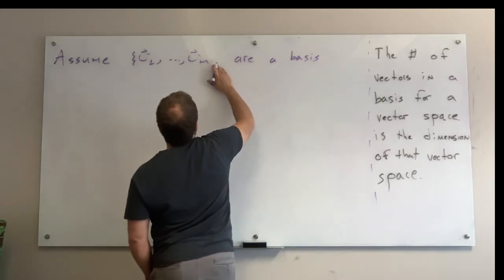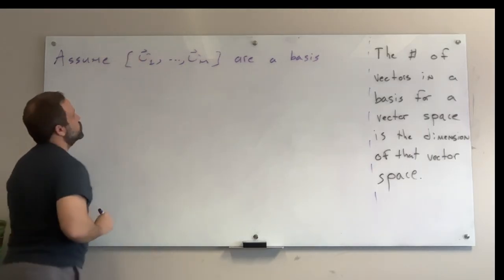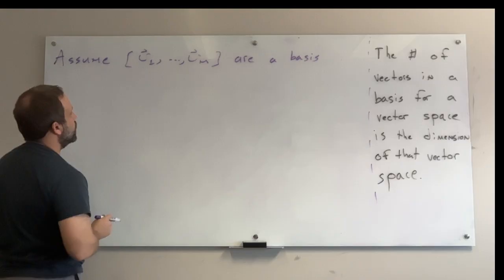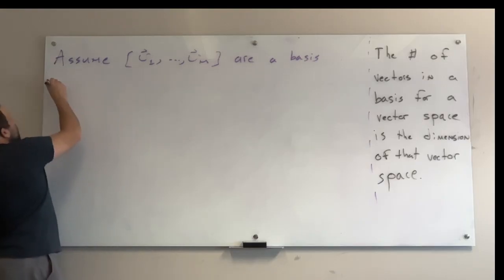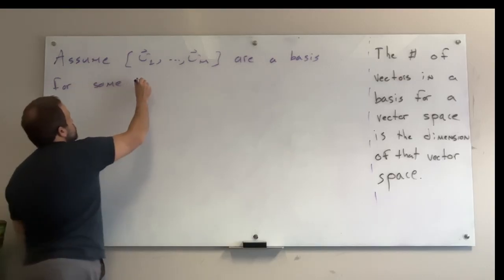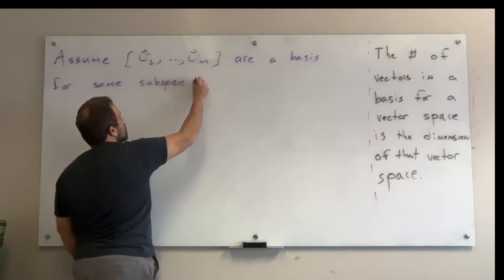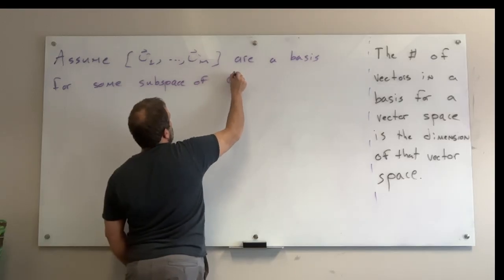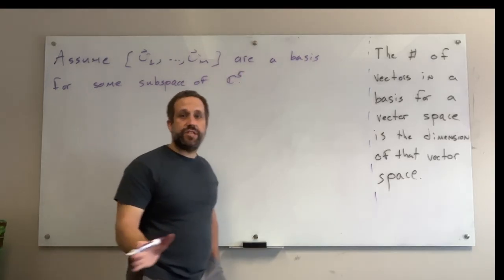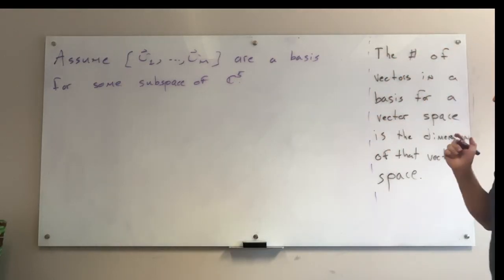And typically we want to write it with brackets when we talk about a basis. So assume they form a basis for some subspace of C5. It could be C5 itself. A vector space is a subspace of itself, so it could be C5 itself.